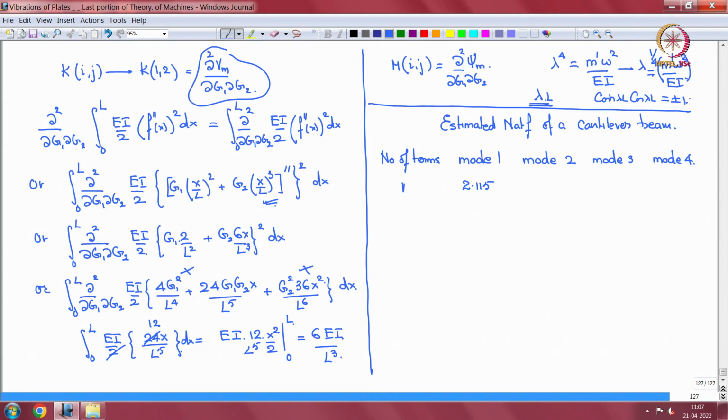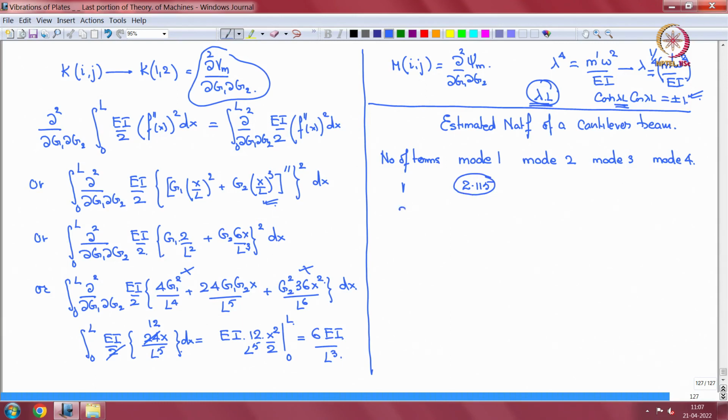If you solve that, you will start getting lambda L values. That is the lambda L we are talking about here. So these are lambda L values, straight away not the natural frequency.